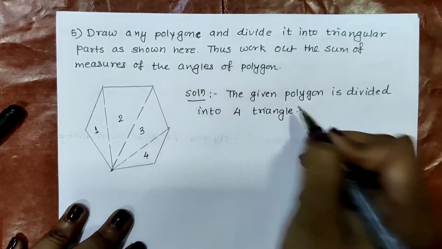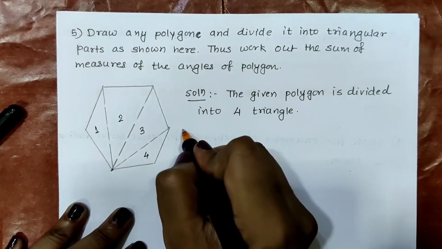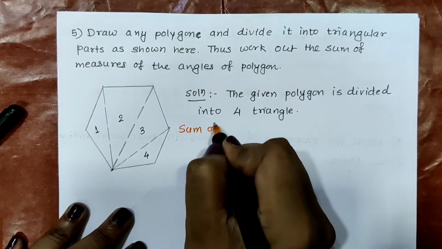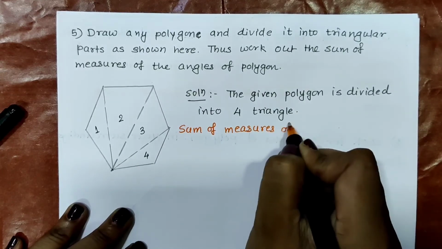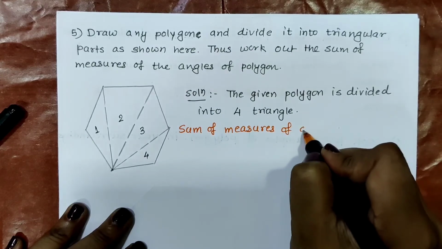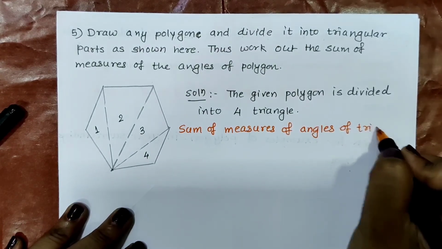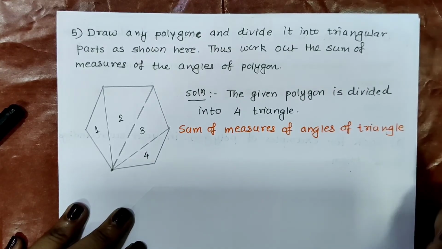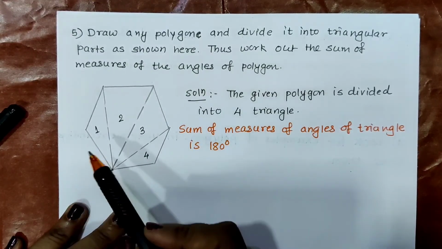Children, we have learnt the sum of measure of all angles of triangle. How much is it? It is 180 degree. Always keep this in mind. So I will be writing that property, sum of measures of angles of triangle is 180 degree.